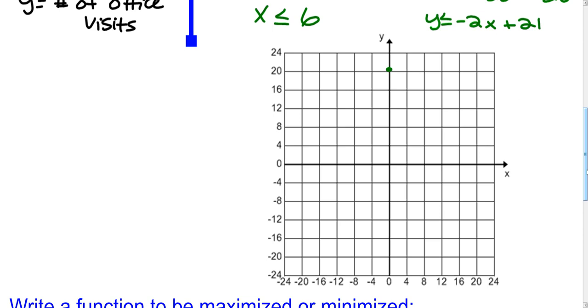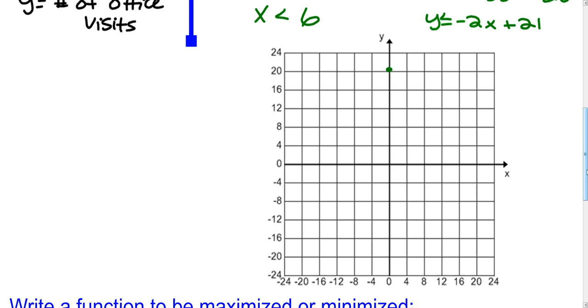I want you to notice how my axes are scaled. They're scaled by 4s on the y-axis, and they're also scaled by 4s on the x-axis. And as long as those axes are scaled the same way, you can use the rule where you go down 2 boxes and right 1 box because it's proportional. If that wasn't the case, if they weren't scaled the same, then you would actually have to count.